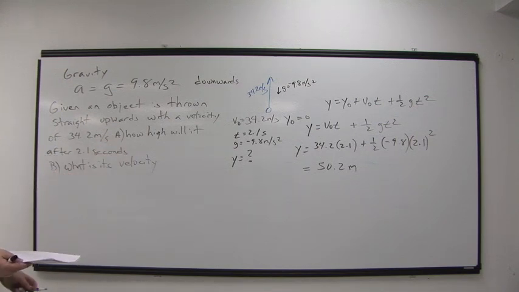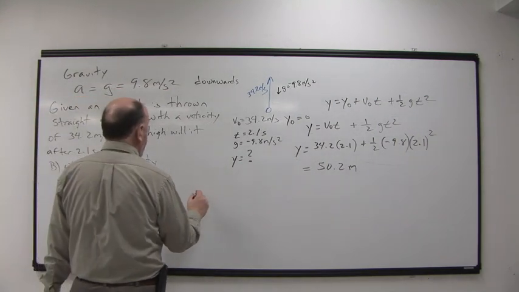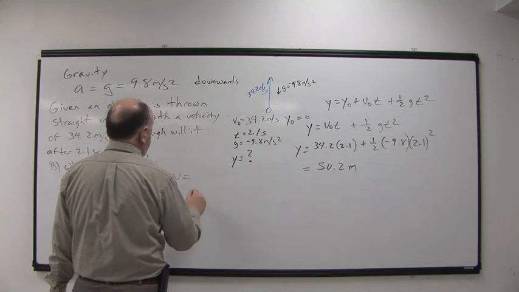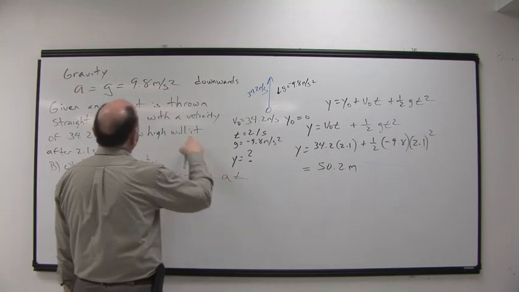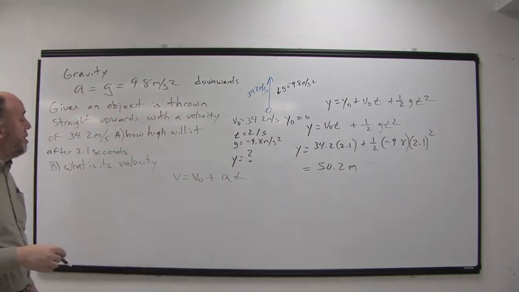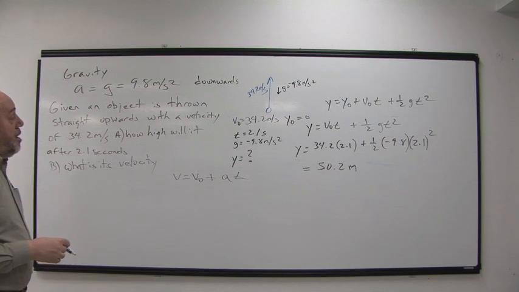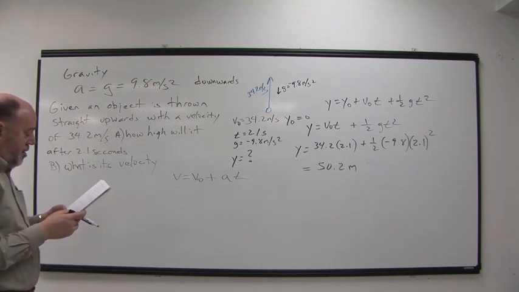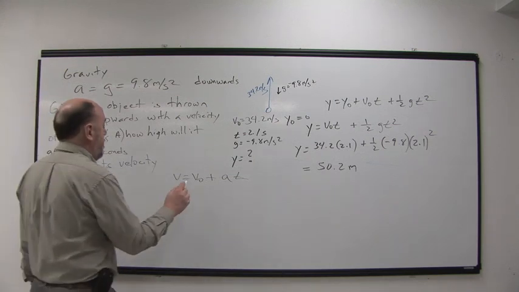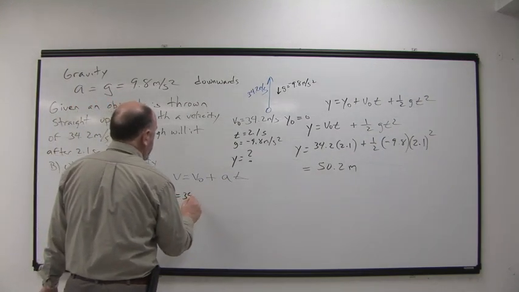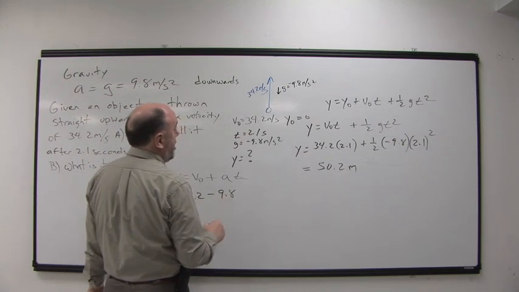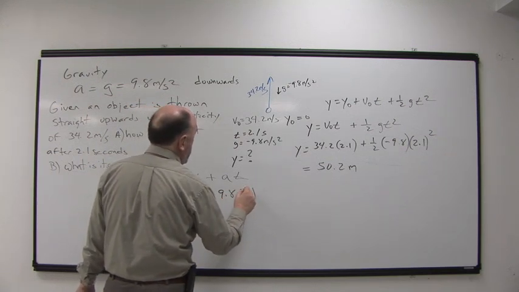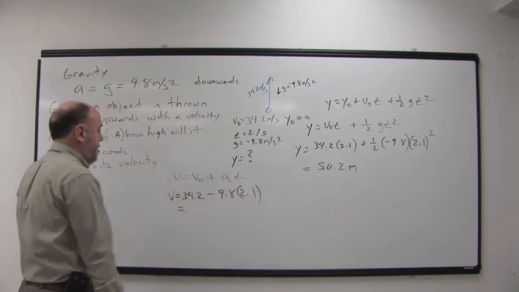Now the second part, what is its velocity? Well, for that equation, we can use v equals v naught plus at, and of course a in this case is my gravity. So v naught we know, and so we get v equals 34.2 minus 9.8 times 2.1.